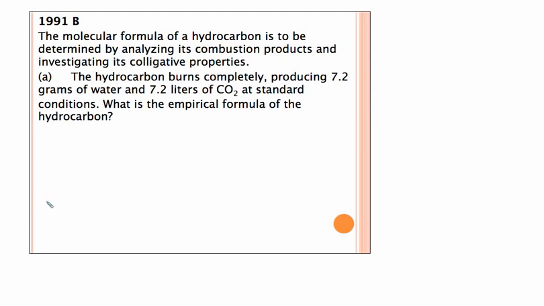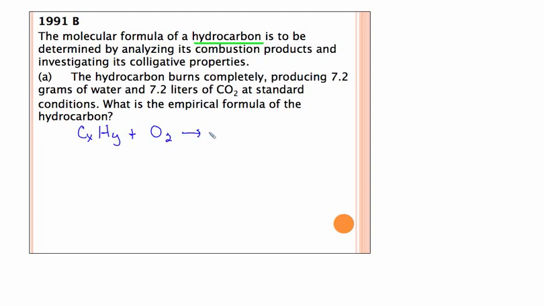Now, in this case, we are going to be doing an empirical formula from combustion data. And fortunately, the question's simply asking me for a hydrocarbon. That really simplifies the process quite a bit when we don't have to ferret out the answer to the grams of oxygen present. So we have a hydrocarbon. A hydrocarbon simply has hydrogen and carbon present.